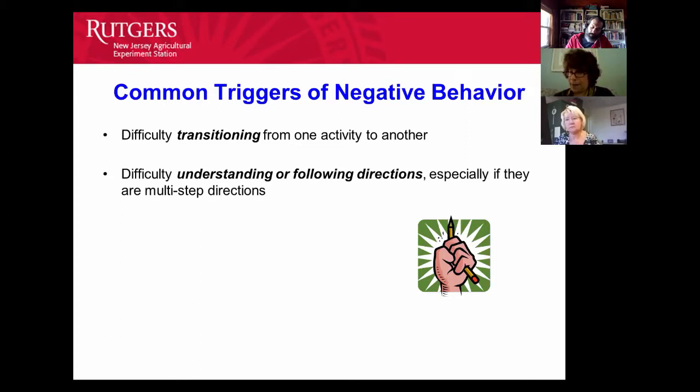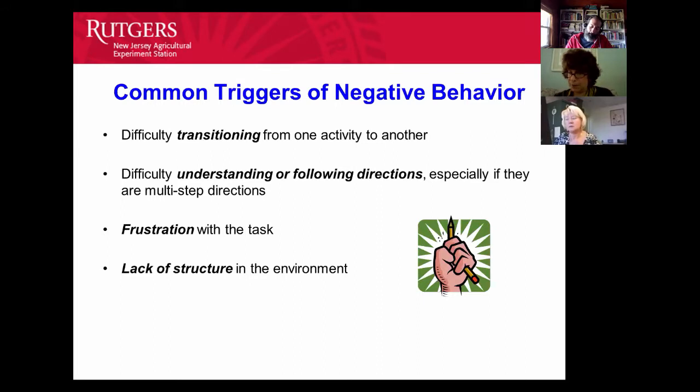They may feel out of control if there is a lack of structure in the environment. Downtime is difficult for these individuals to handle, so we recommend keeping them engaged in an activity as much as possible, while also being aware of too much sensory overload, kind of finding that fine line. And as I said, be aware of sensory overload, and this can occur when the person's senses become overstimulated by things in the environment. It could be noise, it could be lights, it could be tactile sensations, any number of things.